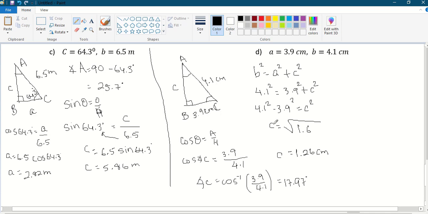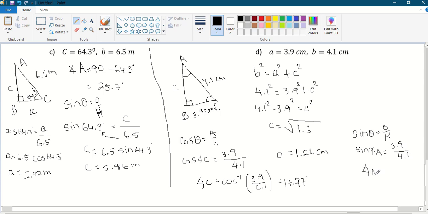Now if you wanted to solve for angle A, with respect to angle A, this is opposite, this is hypotenuse. So we will use sine theta, because sine connects opposite and hypotenuse. Sine angle A equals opposite 3.9 over hypotenuse 4.1.